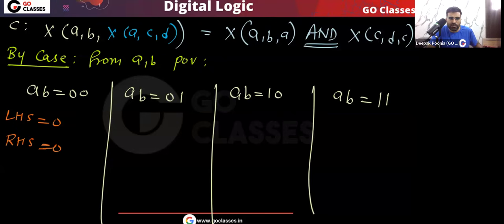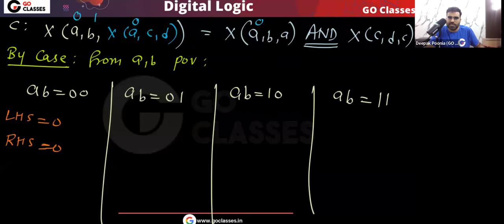When I have AB equal to 0 1, in this case, A is 0 and B is 1. Okay, notice one thing, that this will become 0. 0 and anything that will be 0.